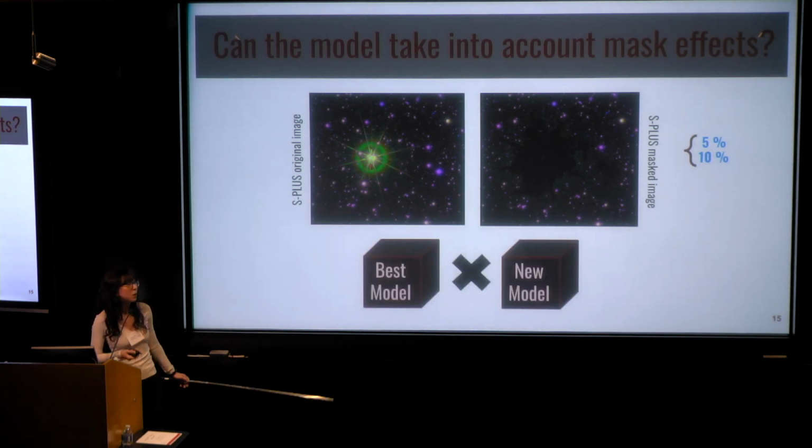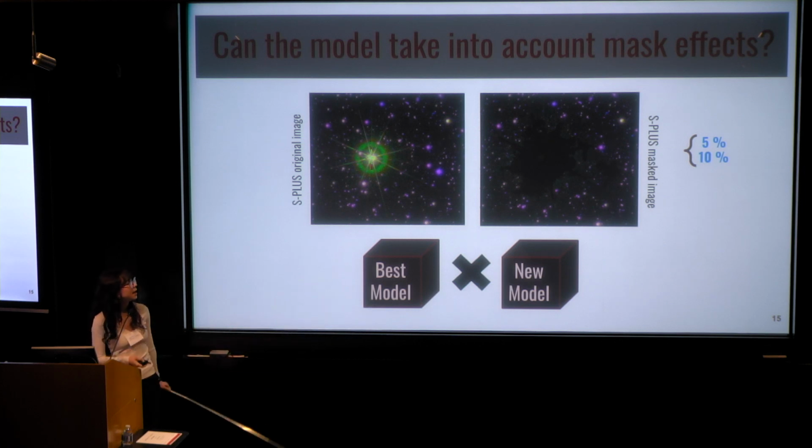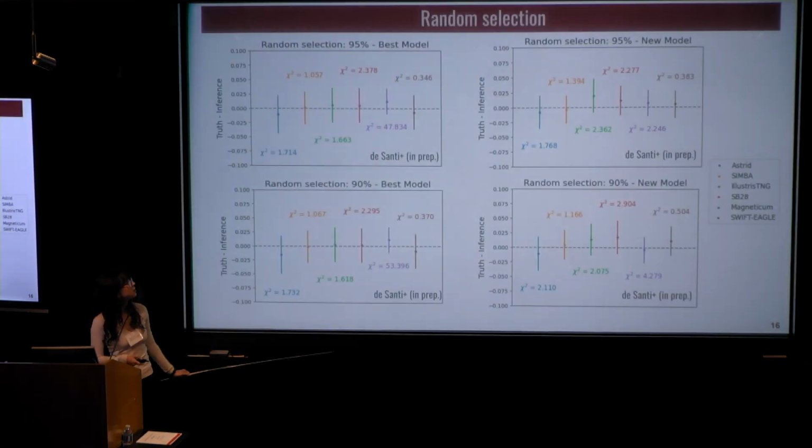Let's see what our model can predict for our hydrodynamical boxes, removing 5 or 10% of the galaxies, randomly speaking. And one more time, our best model, and then our new models trained with this randomization taken into account.